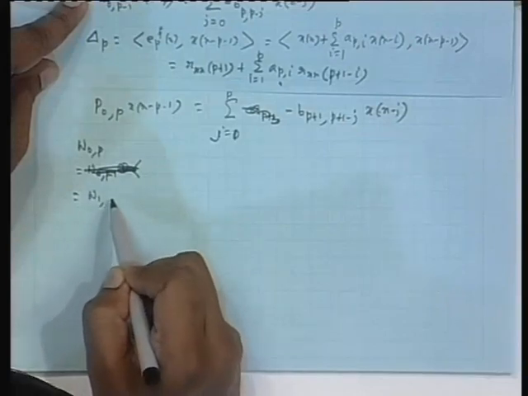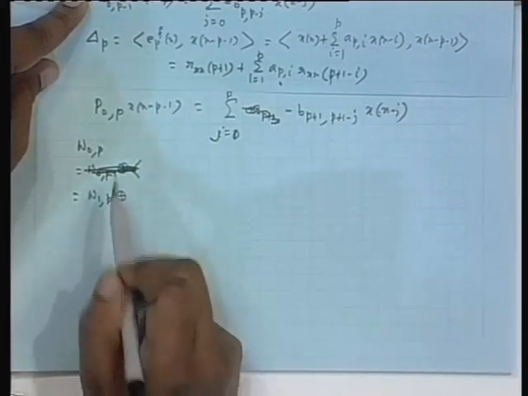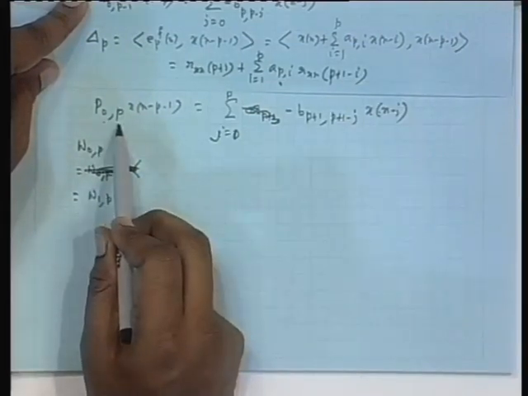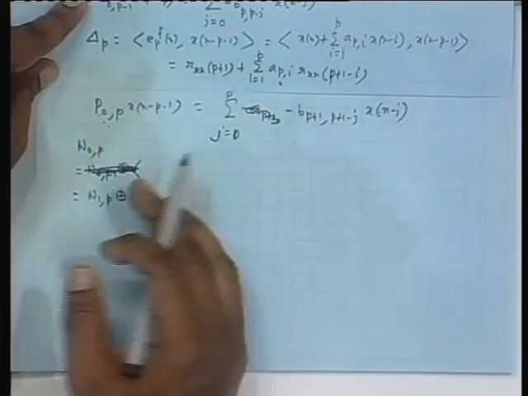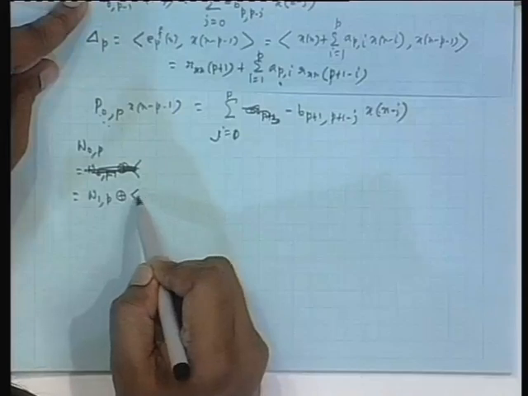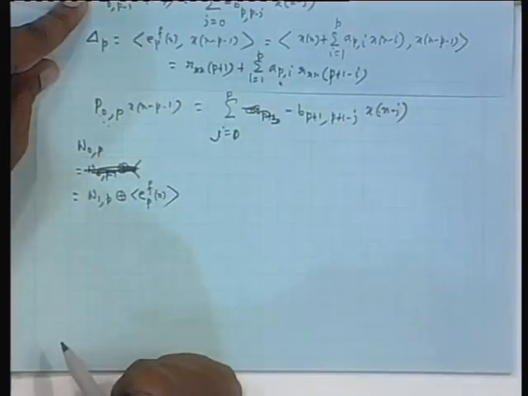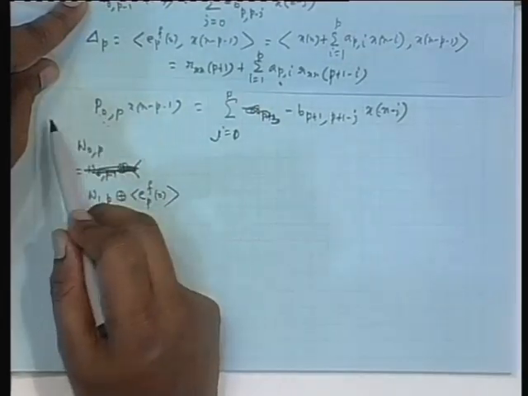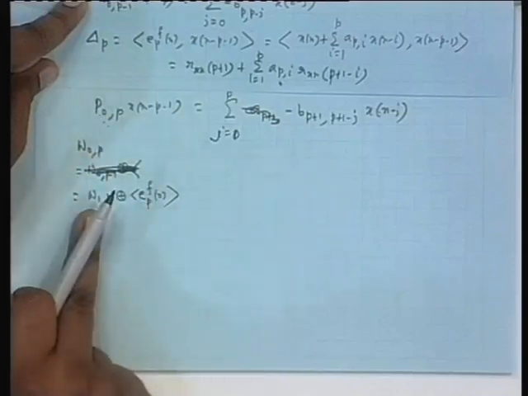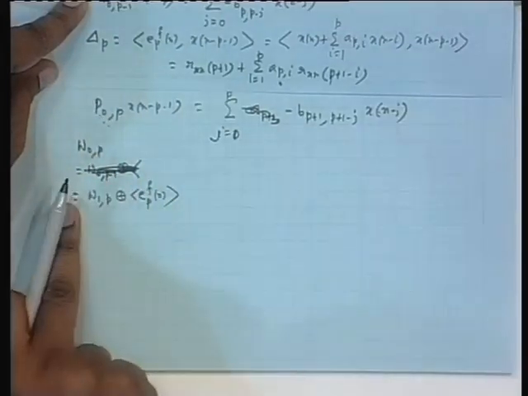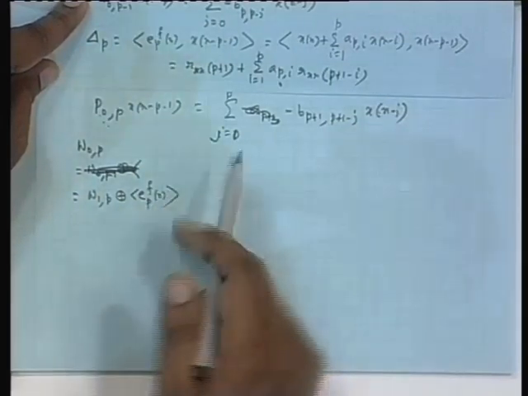W 1 comma p, yeah, W 1 comma p, even I make mistakes. W 1 comma p, and take this 0 fellow, project on that W 1 comma p, take the error, that is E p f n. 0 to p, I am taking out the 0 case separately, 1 to p, and 0 means what? X n minus 0, that is projected on this, taking the error, that is this, isn't it?